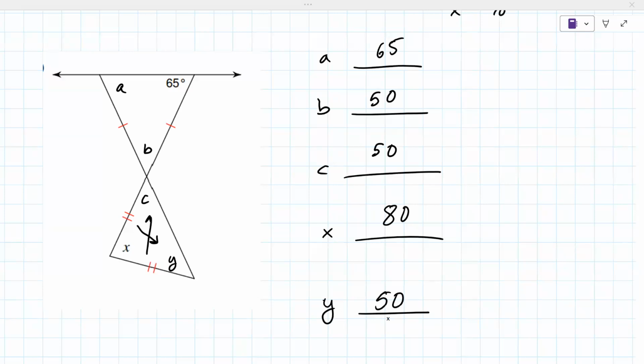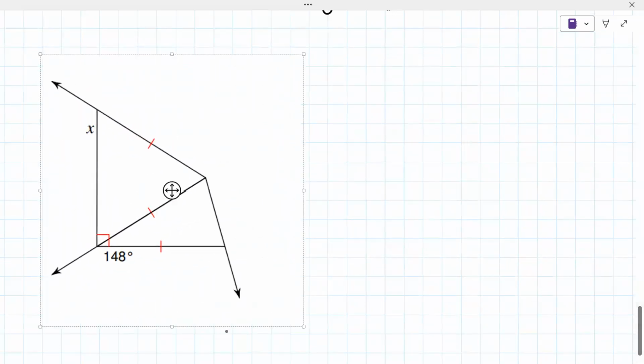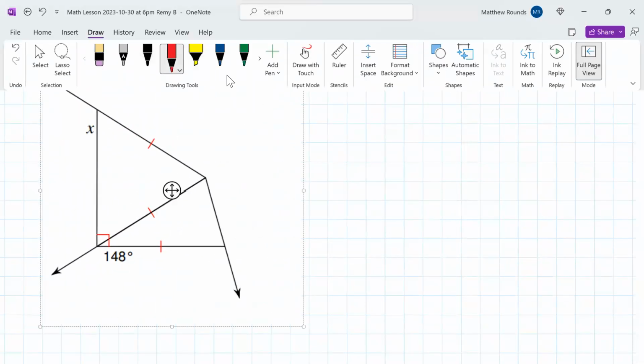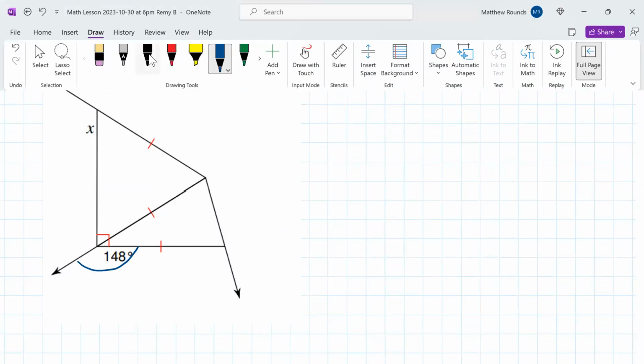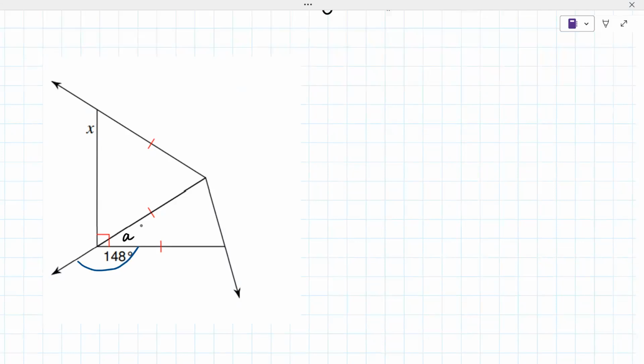another one here. I'm gonna have to label this one. All right, so just to be clear, this 148 is all of this. That's 148. So here we go. Let me label these A, B, C, D, E, F, like that.